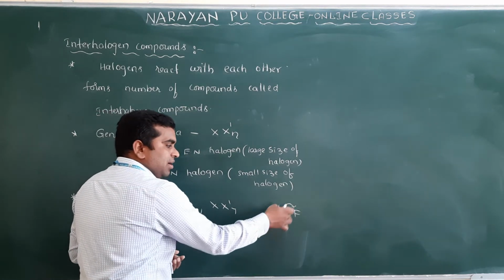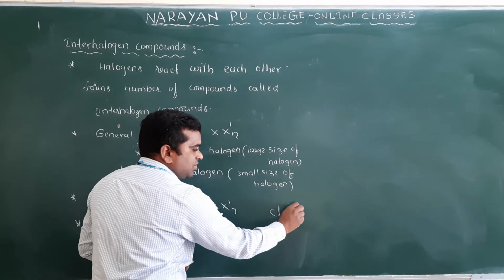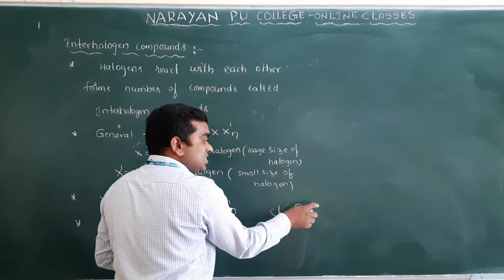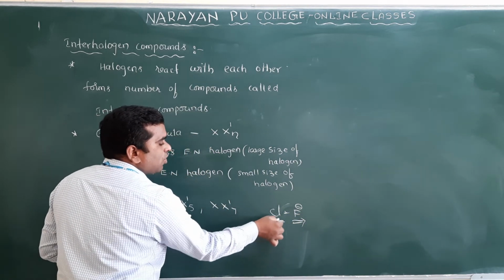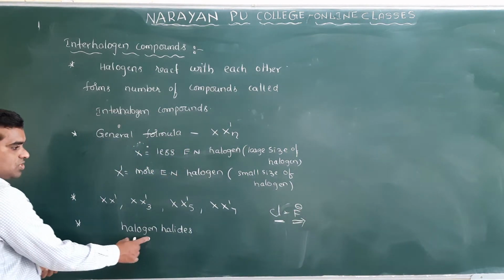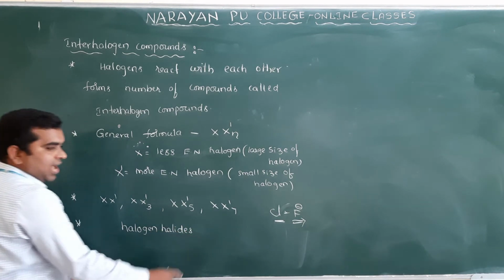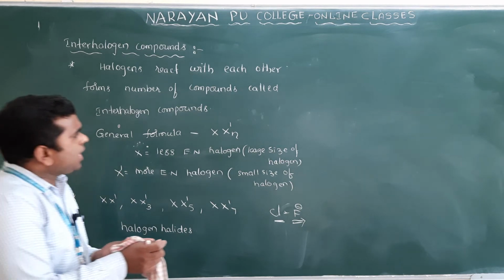So electrons move towards the fluorine, and fluorine gets a negative charge. Whenever it gets a negative charge, what do we call it? Fluoride. And this we simply call chlorine, and this is fluoride. So chlorine fluoride, that is halogen halide. That is the nomenclature. Clear? So that is the name here.